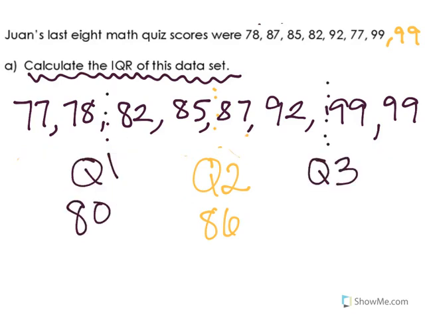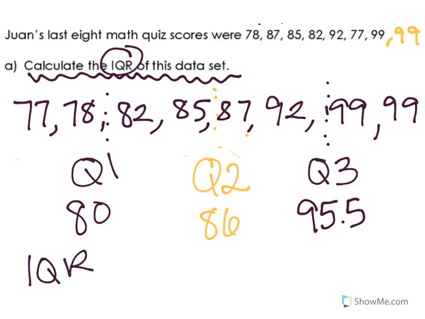Now I need to find my quartile 3, which is the average between 92 and 99. If I take 92 and add 99, I get 191. When I divide that by 2, I find that my quartile 3 is 95 and 5/10. Lastly, if I have my Q1, Q2, and Q3 values, I'm able to solve.